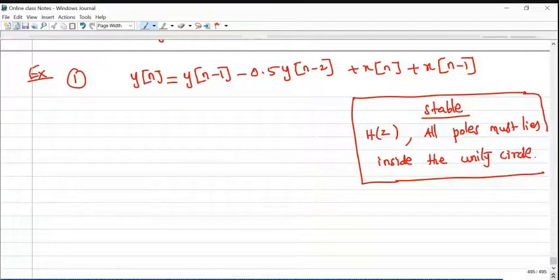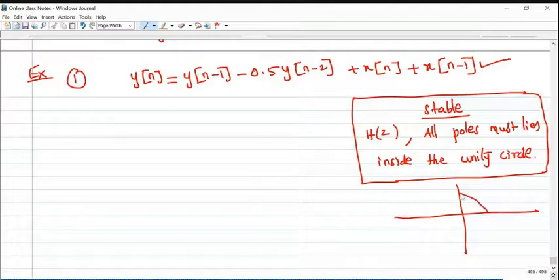There is a theory behind this, the stability criterion theory, from which we have derived finally how to identify whether a system is stable or not from the given difference equation of the LTI system. The condition is we have to find H(z), then check all the poles of H(z) must lie inside the unity circle. What do you mean by unity circle? In the z plane, the circle with the radius of 1. This is the unity circle, right?